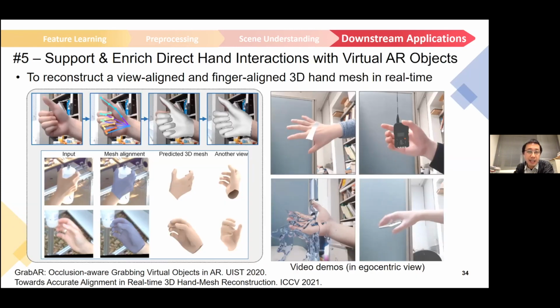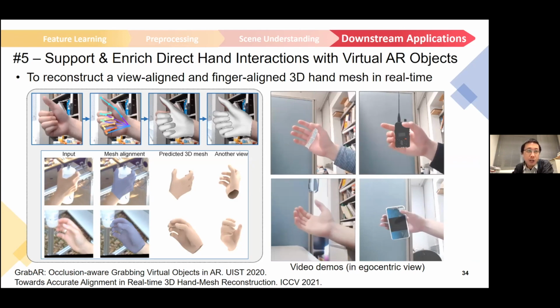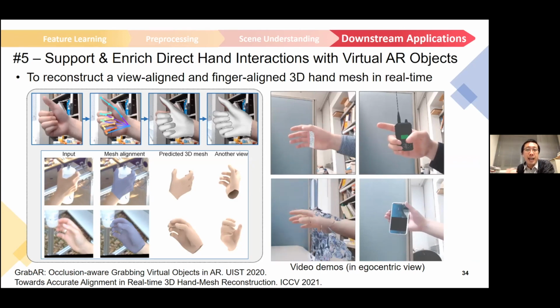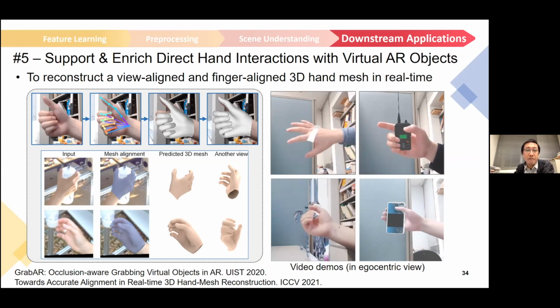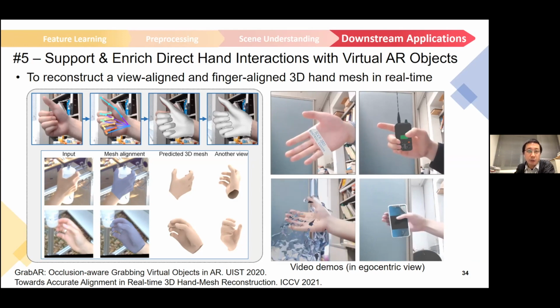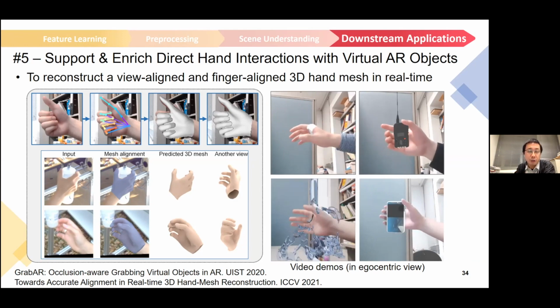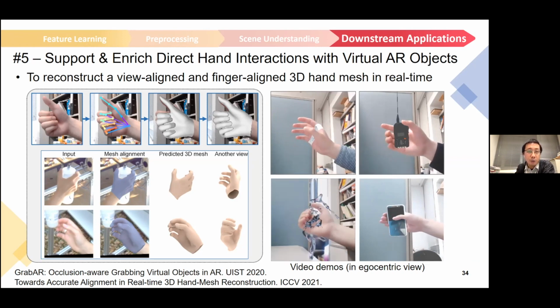And then another work, which is quite recent, in ICCV 2021, is that we try to support and enrich direct hand interactions. In this work, the most interesting part, I think, is that we try to align the real hand together with the virtual reconstructed 3D hand mesh, not just in the real space, but also at the finger level.